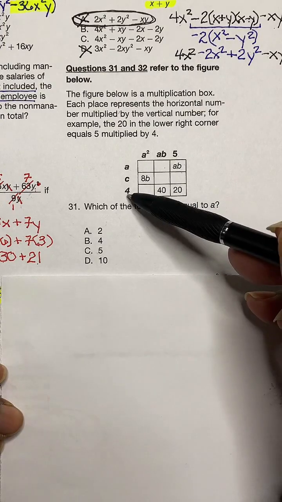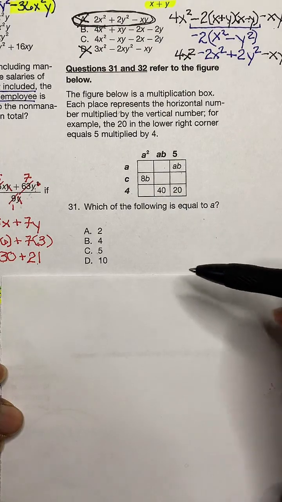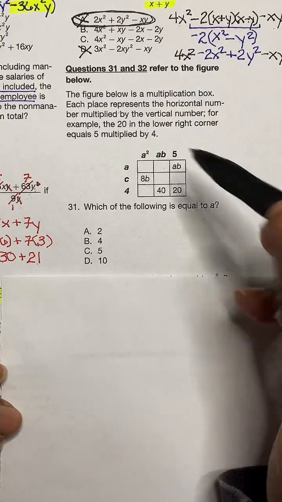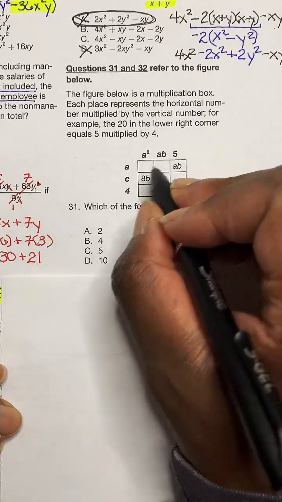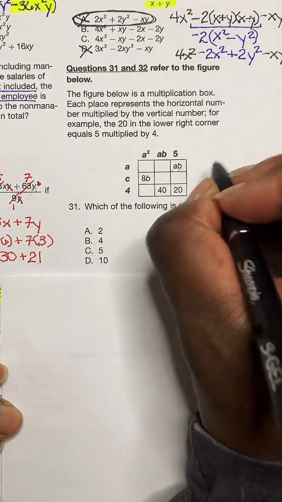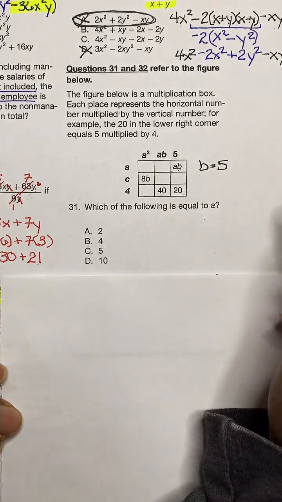Well, 4 times what will give me 40? Like 4 times 10, right? But if I'm going to get 5 times A to give me AB, that means B has to equal 5.